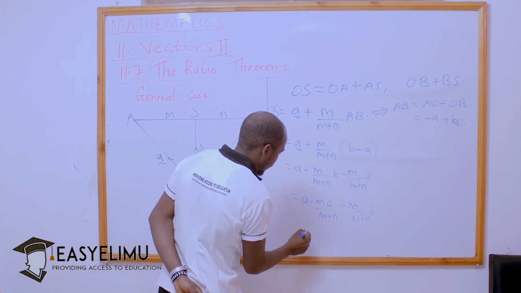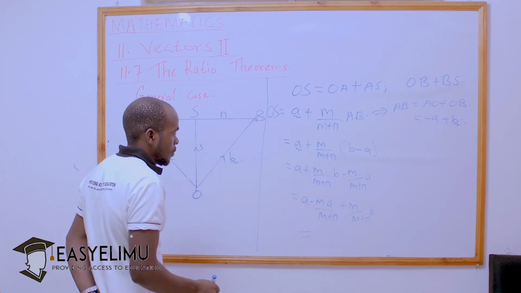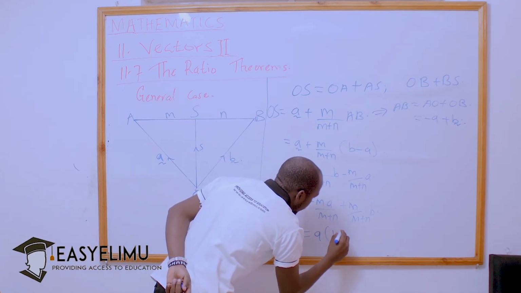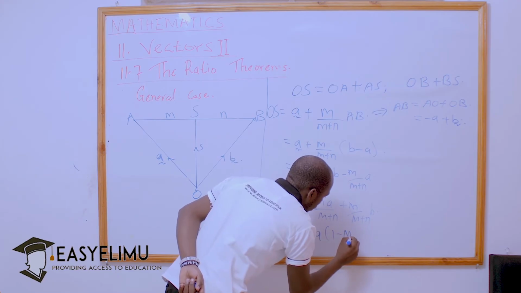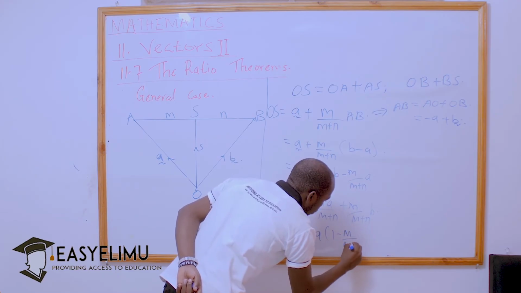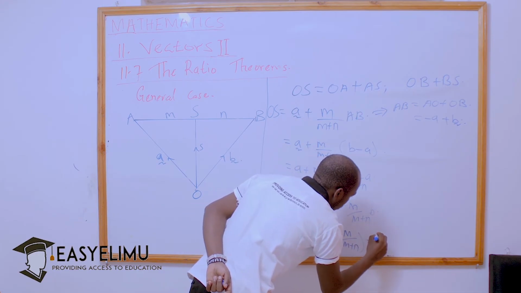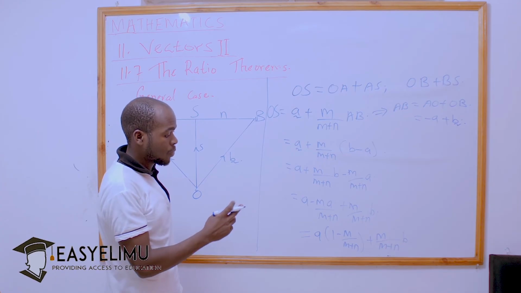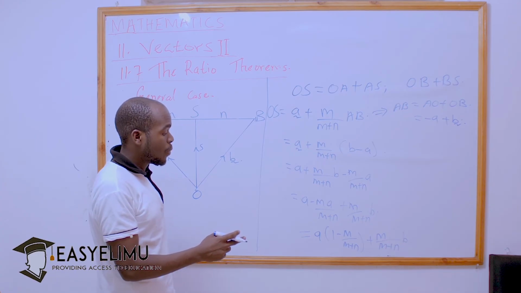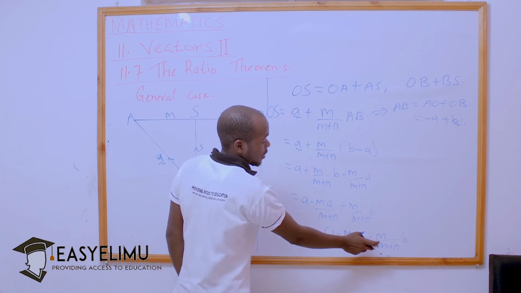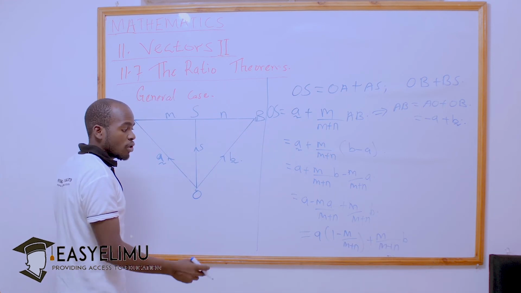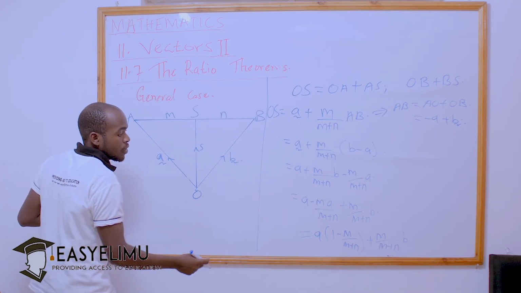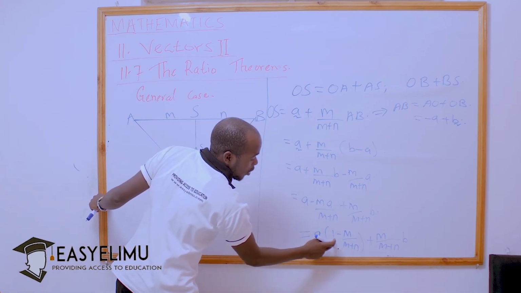So in that case, we shall have A outside, and we are going to have 1 minus m over m plus n of A, and then that of B like that. We can continue and expand what we have here. As we can see, this is a whole number.